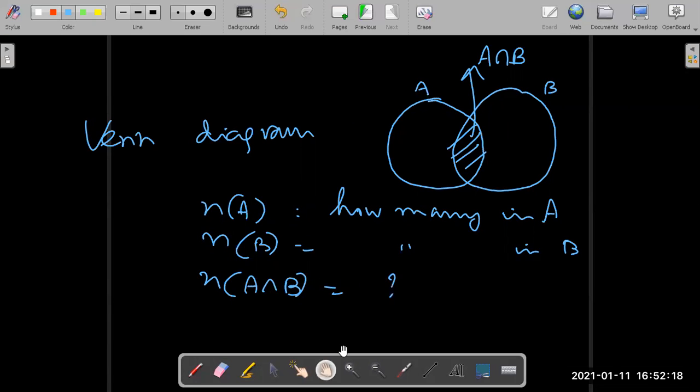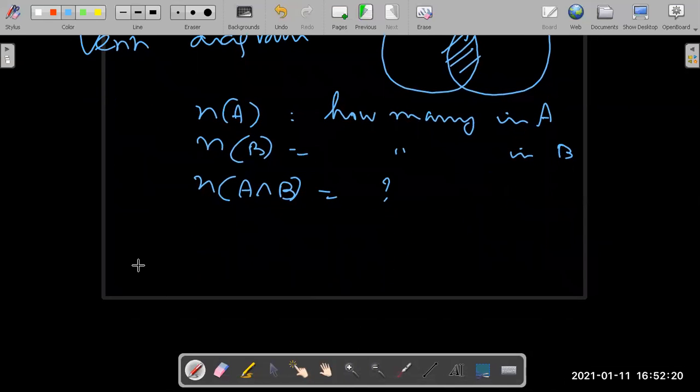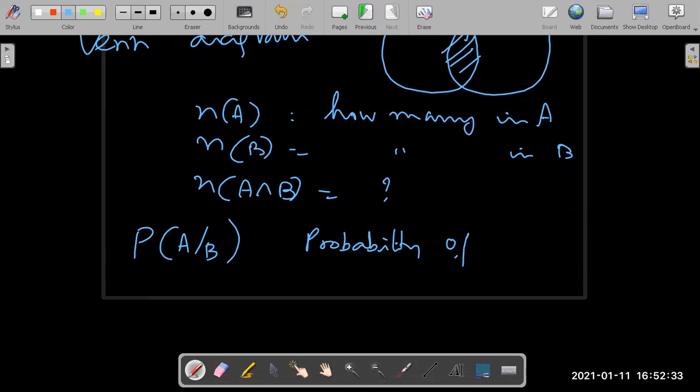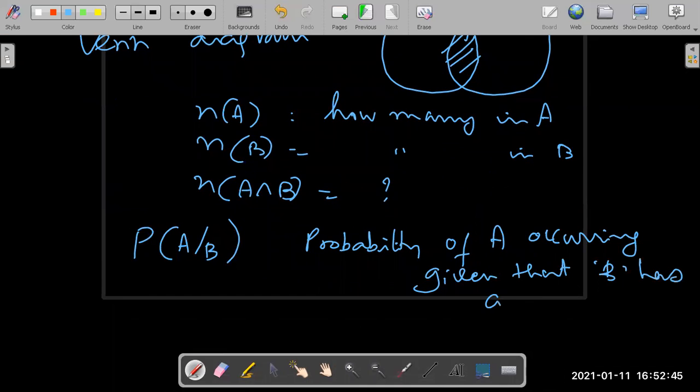How many? So the formula now is the one we'll be talking about: the probability of event A occurring given that B has already occurred.